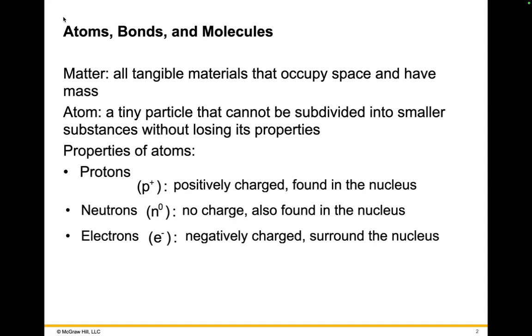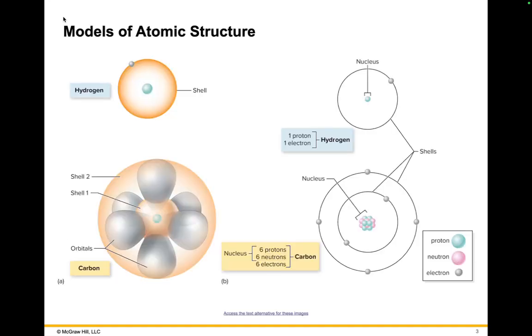Electrons, which are found surrounding the nucleus, constantly moving, orbiting, are negatively charged, and that's why their symbol is an E with a negative. So here is this very simple atom, the hydrogen, and you can see that in its shell, orbiting around the nucleus at the center, you see one hydrogen electron. That's this little gray thing out here.